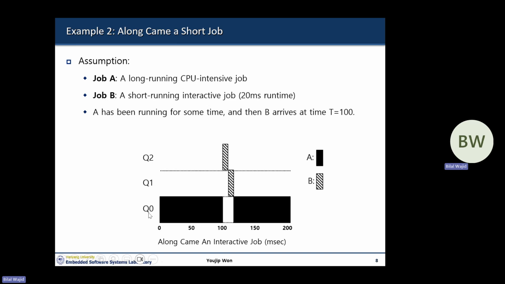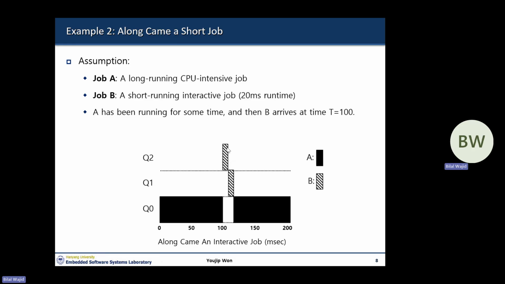So from 0 to 100, there was only one job, which was A, and therefore it ran. But at the 100th millisecond, another job came. Because when a new job comes, it's placed at the highest priority, B has more priority than A, so B runs in the first time slice.